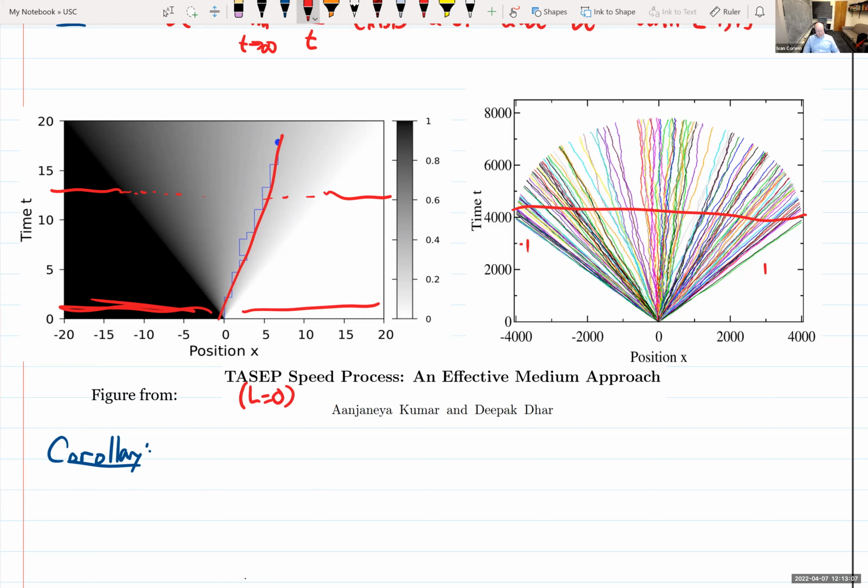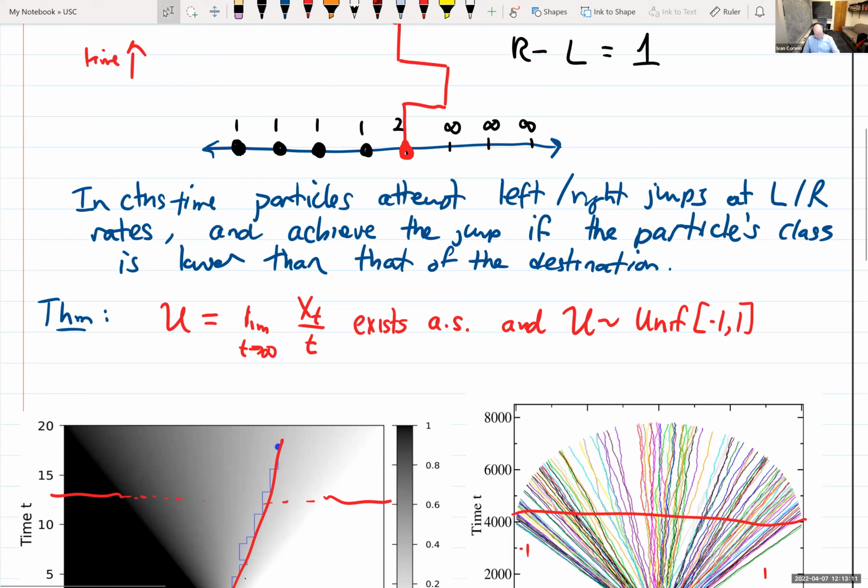Okay, here's a nice corollary. Let me go back to my initial picture and put in another set of labels. I'm going to label particles now by classes indexed by all the integers, so not just first, second, and infinity. I'll have the 0 class, 1 class, 2 class, 3, and in this direction, I'll take the classes to be decreasing.